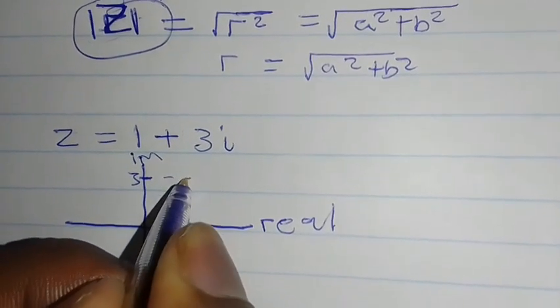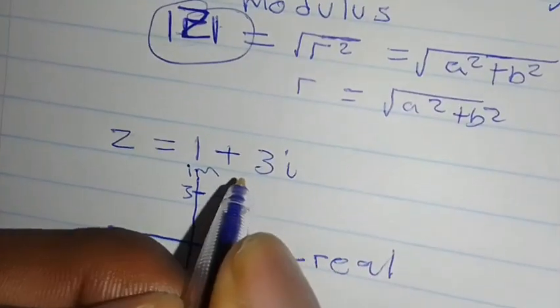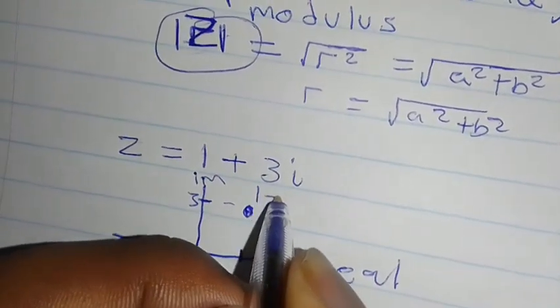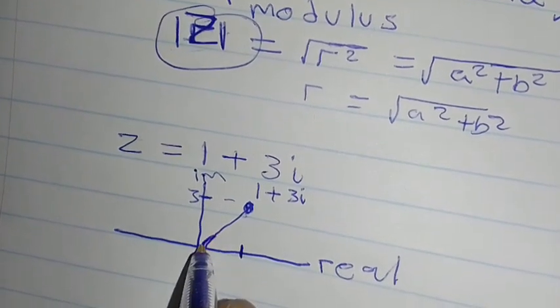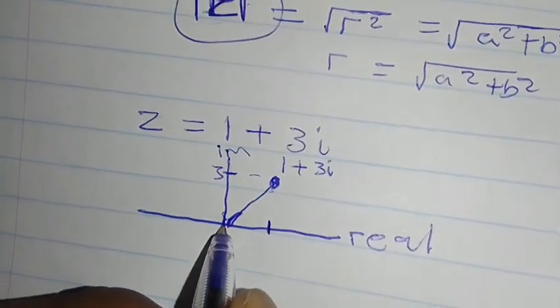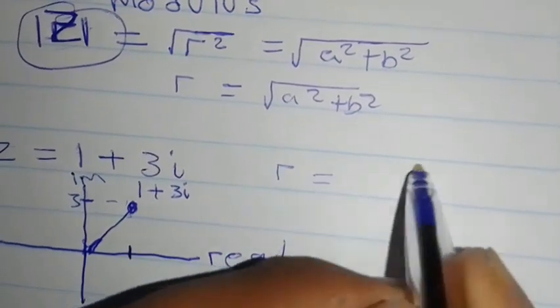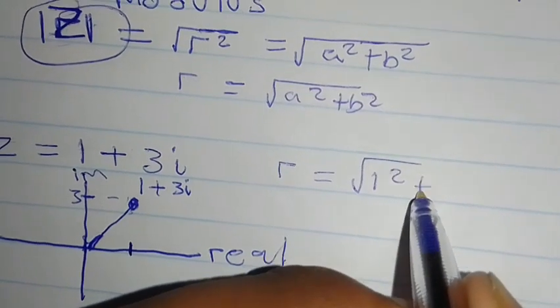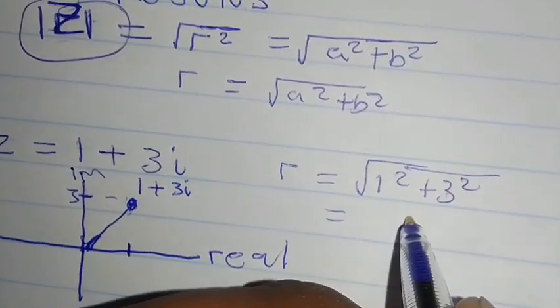So you end up with z here as 1 plus 3i. When you're looking for the value of r, it's technically the distance from here to there, or you can say the square root of 1 squared plus 3 squared. 3 squared is 9, so 9 plus 1 is 10, so you'll have root 10.